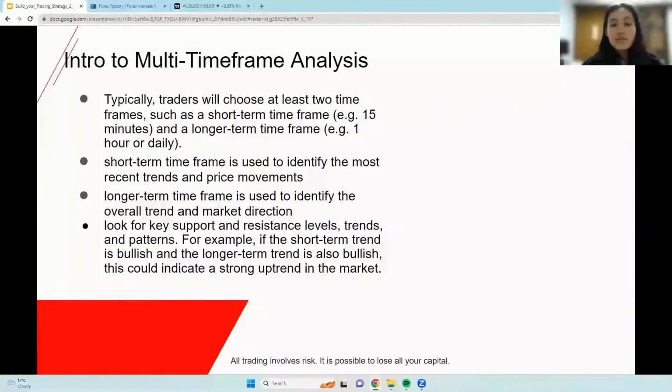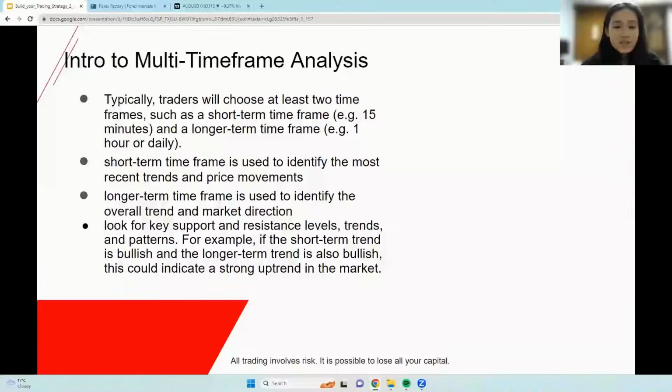Okay, but yeah, so once the time frames are selected, you can then analyze the markets from each time frame. Look for key support and resistance levels, the different trends, as well as patterns. So for example, if the short-term trend is bullish and the longer-term trend is also bullish, this could indicate a strong uptrend in the market.